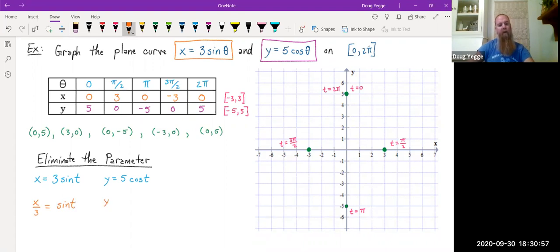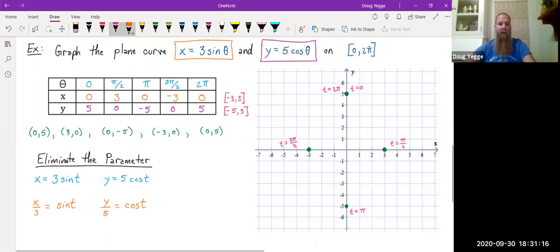And we also see over here that y over 5 is the same thing as cosine of t. So instead of trying to solve for t in one of these equations and then plug it into the other, which would give me something like cosine of sine inverse, that would be pretty ugly.